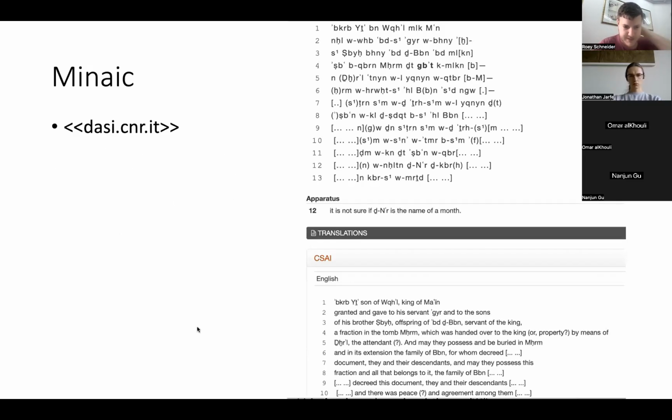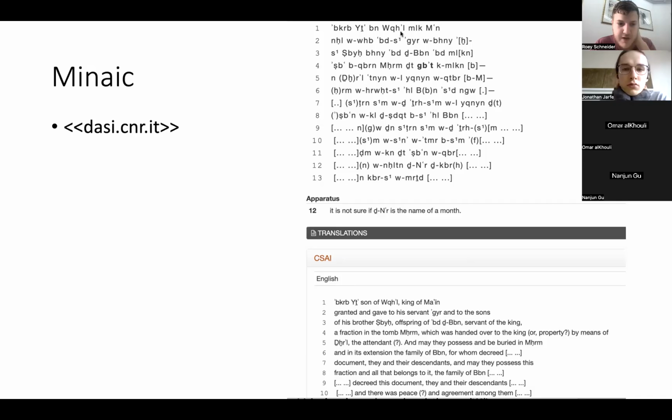And this is an example of a Mannaic text, which we can at least try to read. So a lot of names in these inscriptions. So this begins with Abkarib Yatha bin Waqahil.